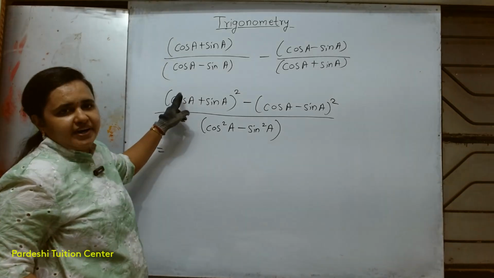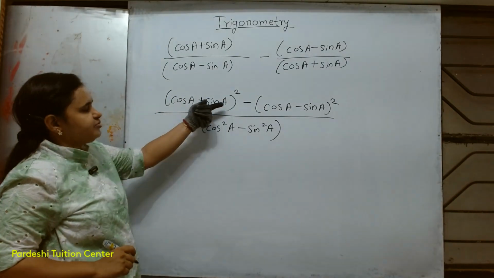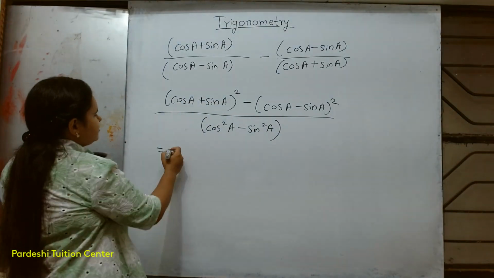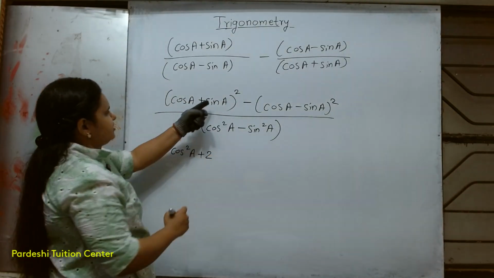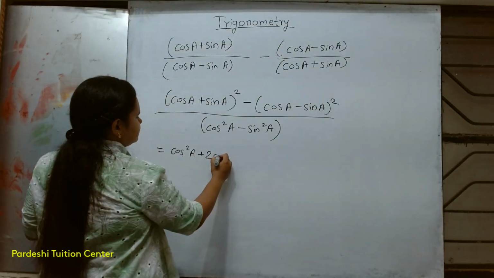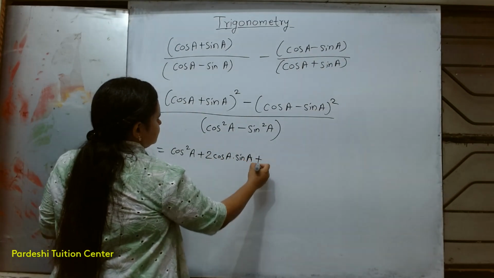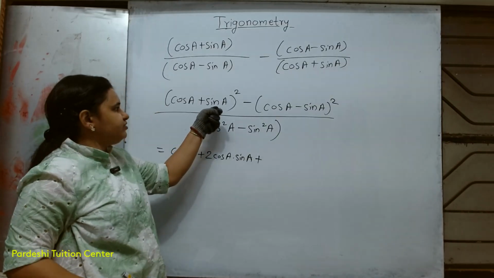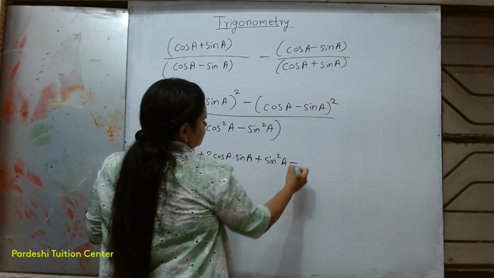So if we expand it, first A plus B whole square. The formula for A plus B whole square is A square, means cos square A, plus 2AB, means 2 cos A into sin A, plus B square, means sin square A, minus.